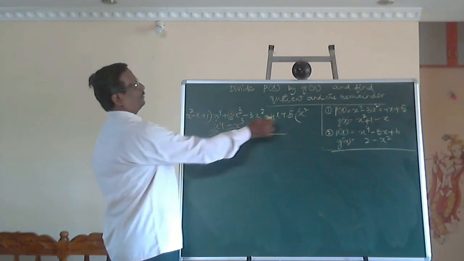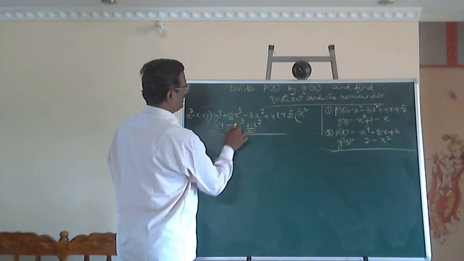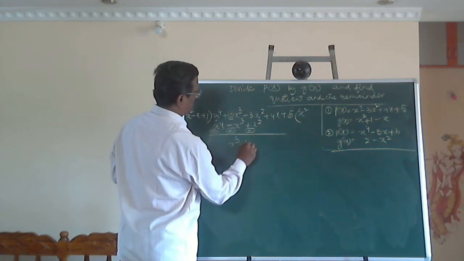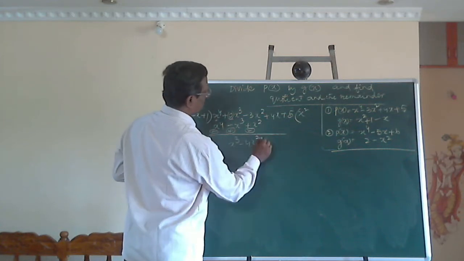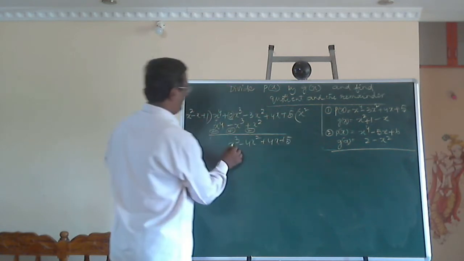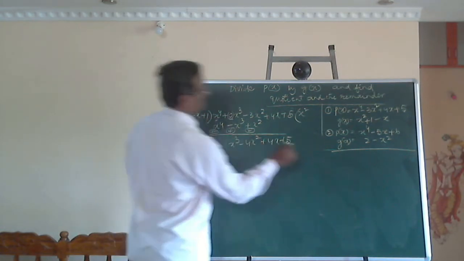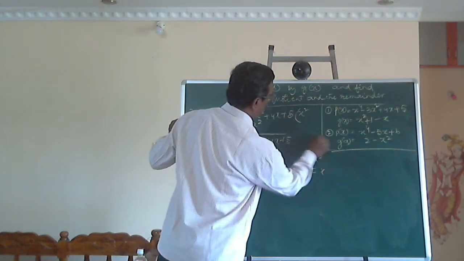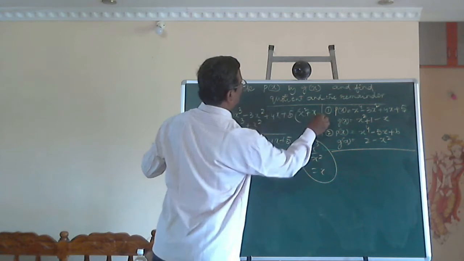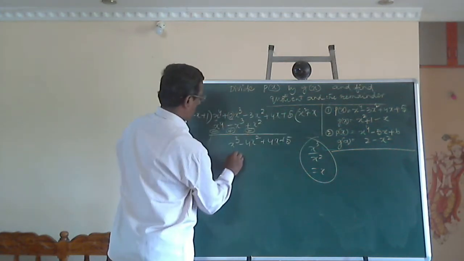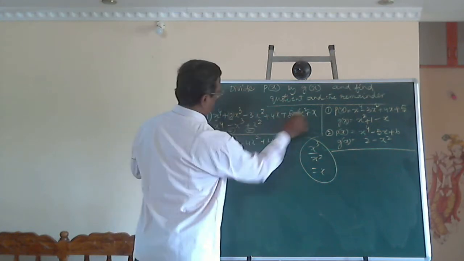In such a way we have to select the quotient. It is plus x cube minus x square minus 3x square is minus 4x square, and this is 4x plus 5. Next x cube divided by x square. This is x. So the second term is x. X into x square into x, x cube, minus x into plus x.